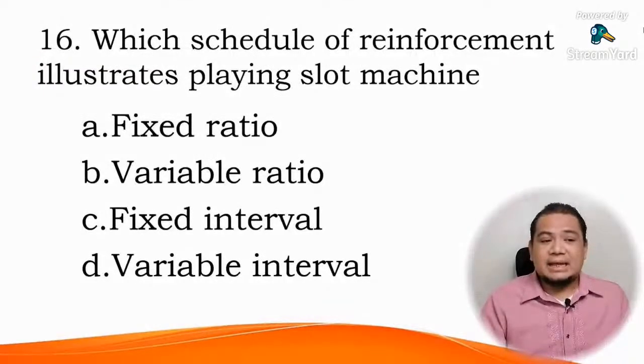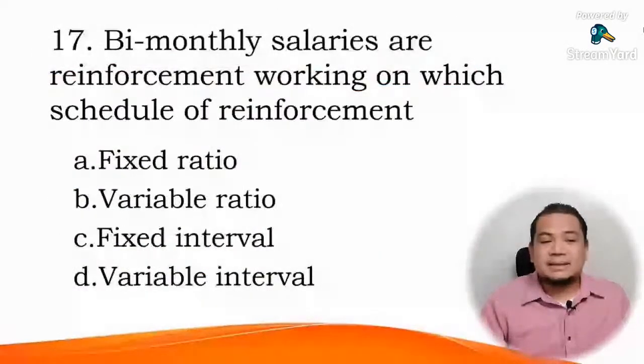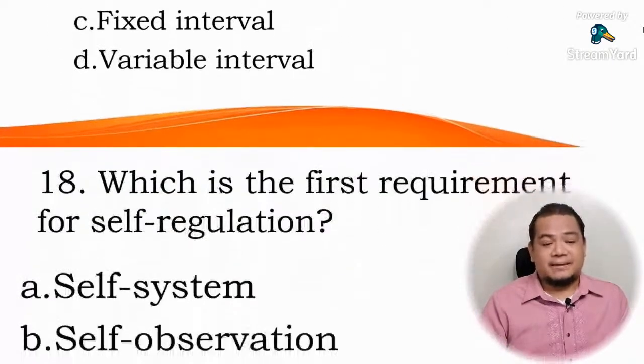Is it A, fixed ratio, B, variable ratio, C, fixed interval, D, variable interval? 17. Monthly salaries as reinforcement work on which schedule of reinforcement? Is it A, fixed ratio, B, variable ratio, C, fixed interval, or D, variable interval?